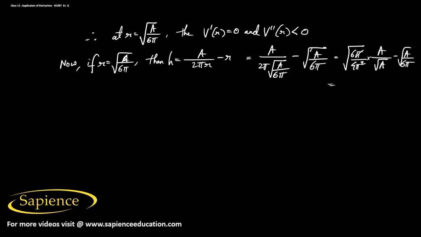So pi square will cancel, 2 into 3 is 6. So this will be root over 3a by 2 pi minus root over a by 6 pi.